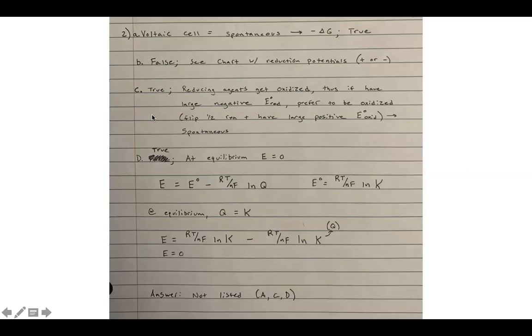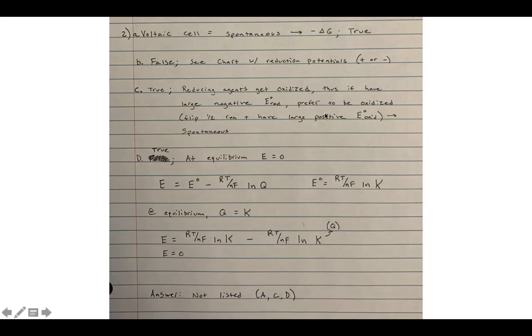I'll give you a minute to read this, and I'll clarify points C and D a little bit further. Again for C, reducing agents by definition get oxidized. They do the reducing of a different compound by getting oxidized.